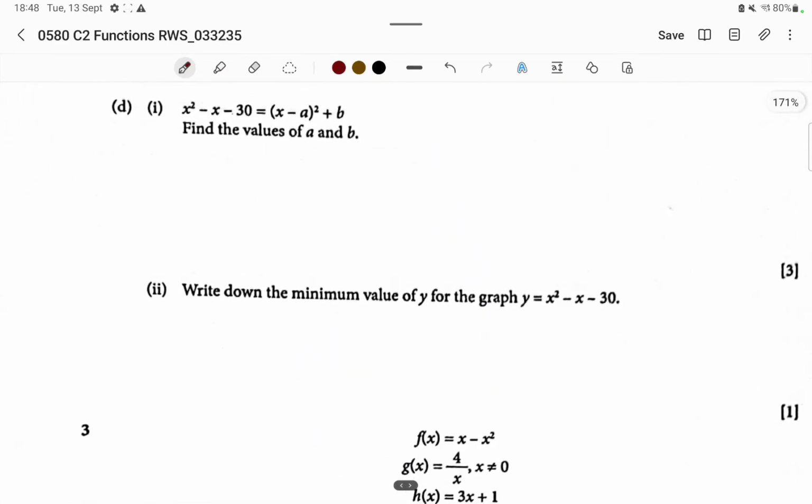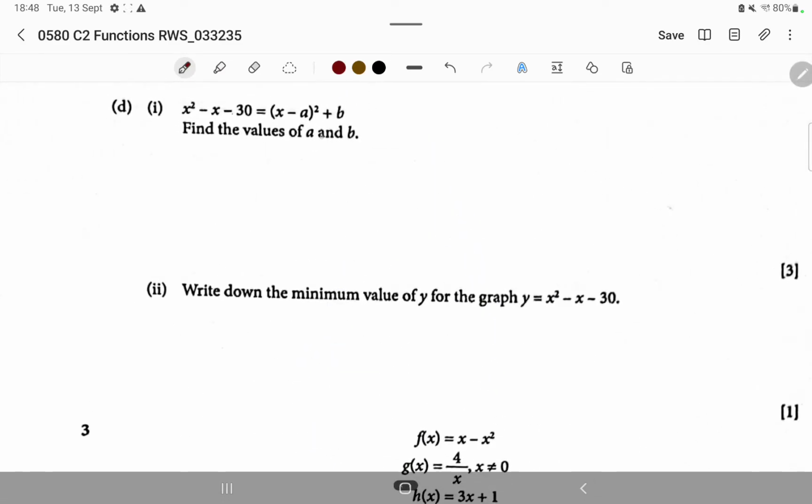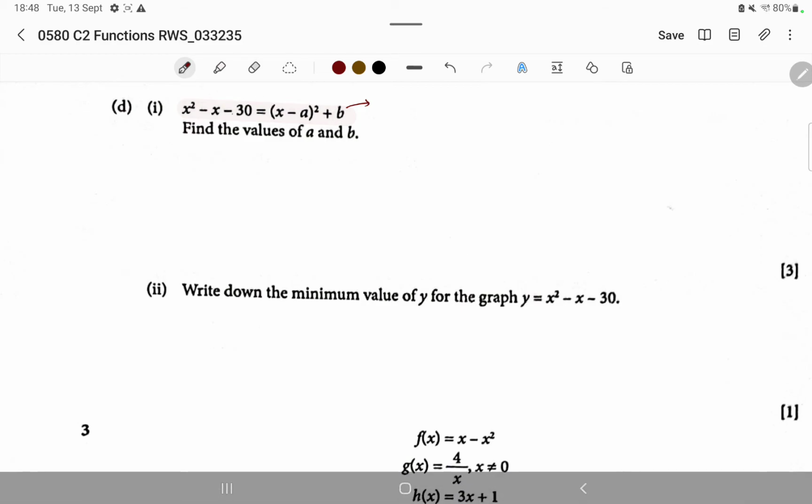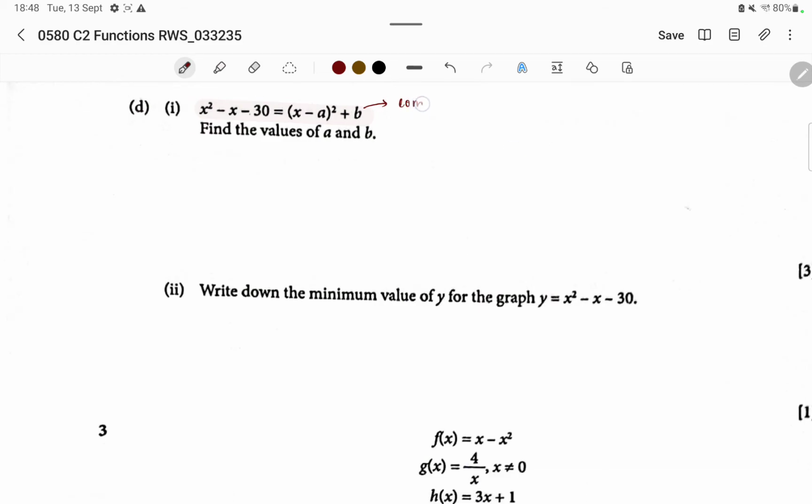D1. They give you this thing and then find the values of a and b. So this form, to transfer from this to this, we actually have to do completing the square lor.